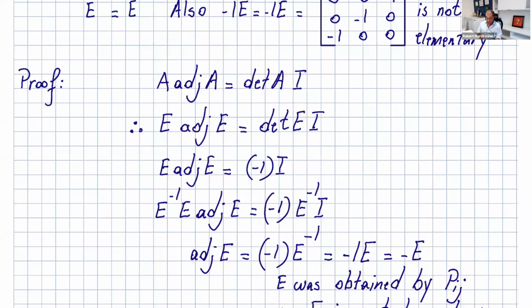So E times the adjoint of E is -1 times I. If I multiply both sides by E inverse, E inverse times E is just I, I times the adjoint of E is just the adjoint of E, and on this side we get -1 times E inverse, or -1 times E, or -E.